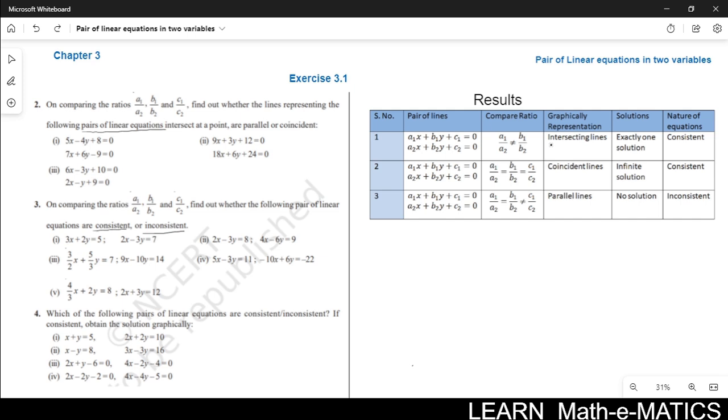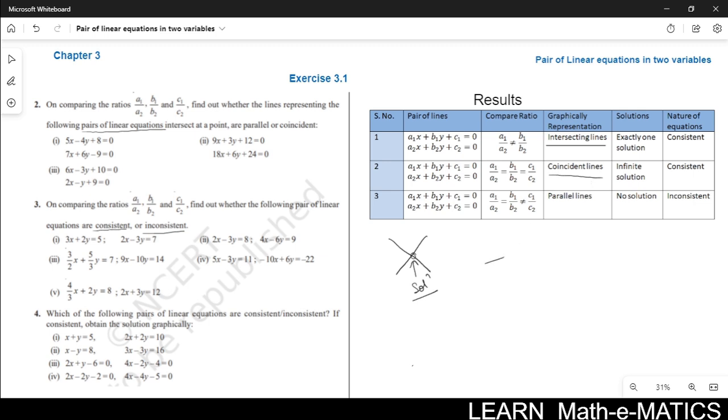The first graphical representation is intersecting lines. If a pair of lines is intersecting at a point, that point will be the solution of the pair of linear equations, right? So if we get a solution, that means they are consistent, right? The next graphical representation is coincident lines.